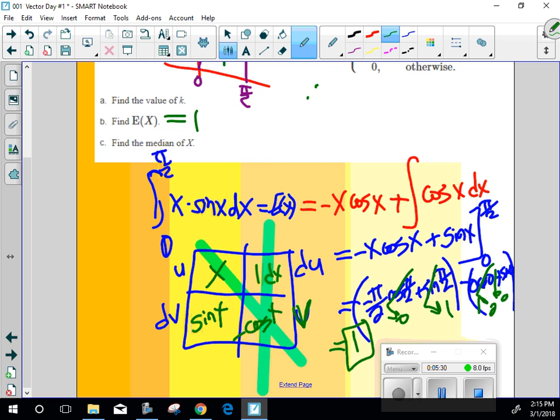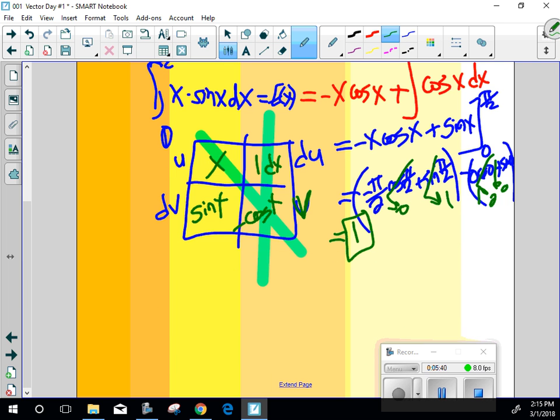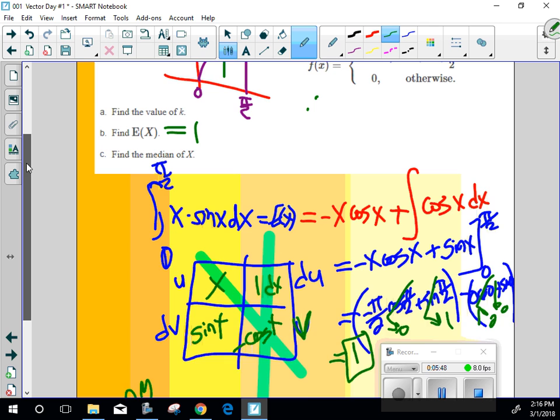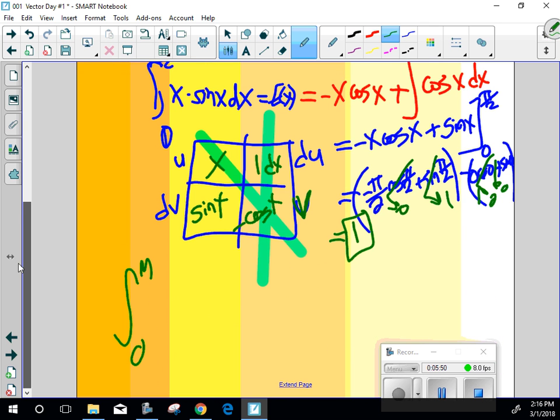And then without doing the integral and all of that, part C, I'm just going to show you how to find the median. The median is going to be the integral from 0 to some m of the original equation, sine x dx, is equal to what probability is in the middle?